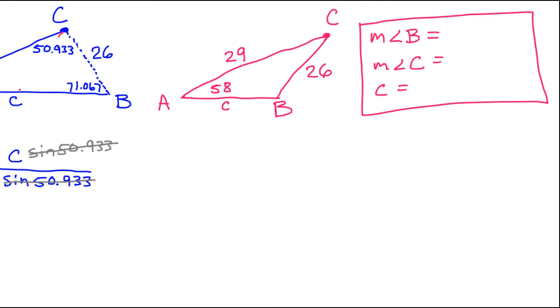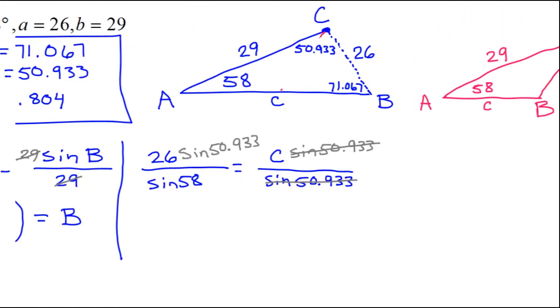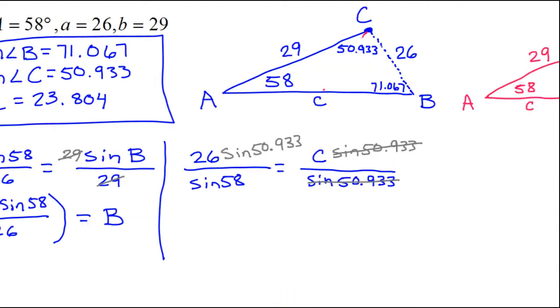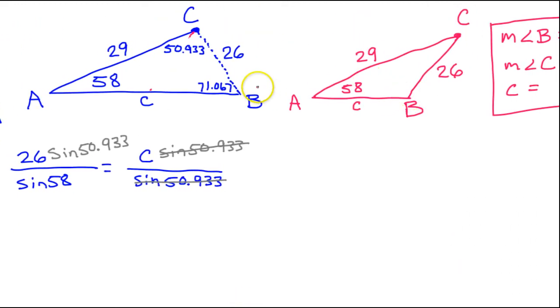Okay. Now, in order to find angle B, I cannot use the law of sines because that would just give me the acute angle that I found before. That would just give me 71.067 again. So luckily, I don't have to do that.